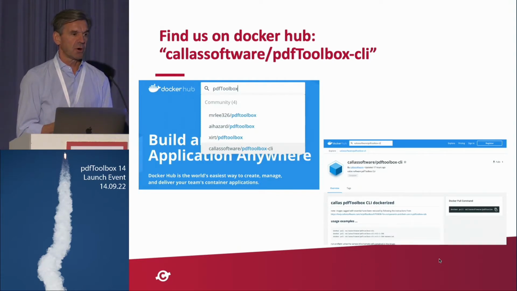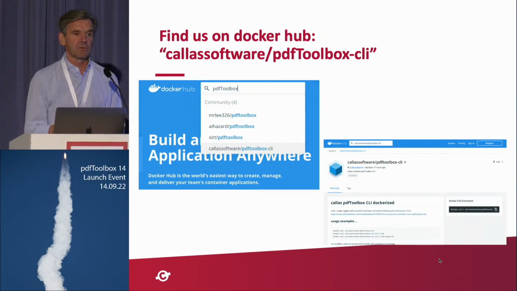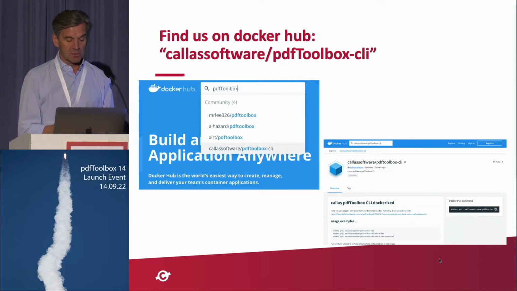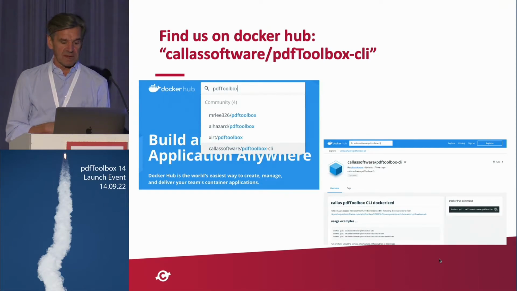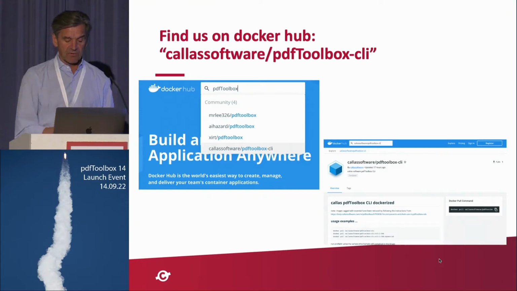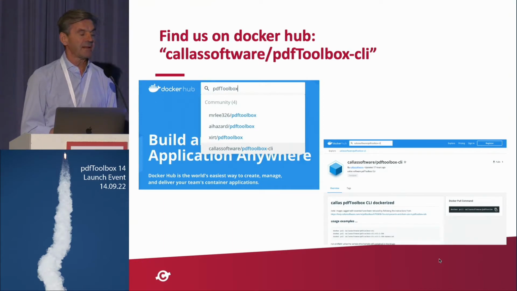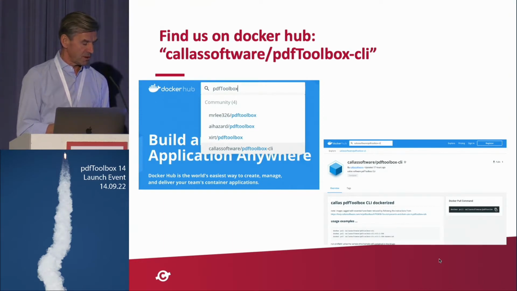The term on Docker Hub is organization. There's an official callas software organization where we make the official Docker image that we created available to you. So when you visit Docker Hub, you just enter, as you can see here, callas software /pdfToolbox-CLI, and then you should find what you see on the right-hand side, which is an image.